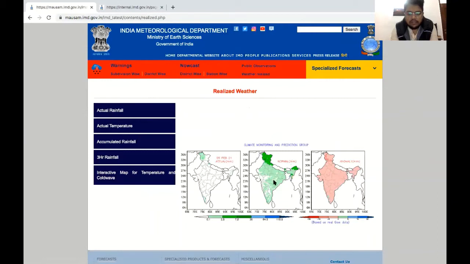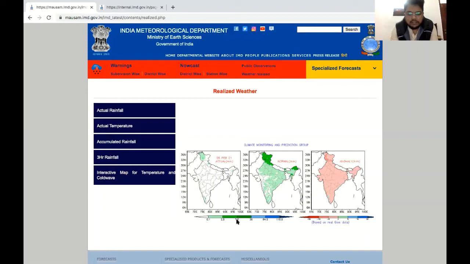Like, this is the rainfall that should happen at this point of time in the year, in this season. And this is the actual rainfall that has actually happened, and this is the anomaly, that is how much less rainfall has happened. So you can clearly see from the index here that most of the country has deficient rainfall between -5 and -10%.